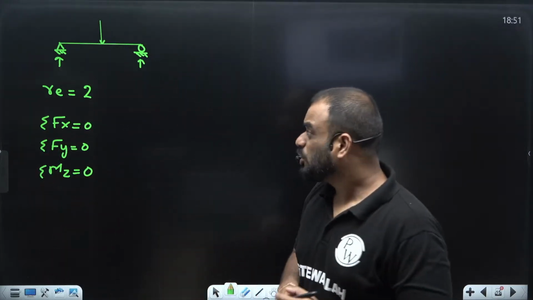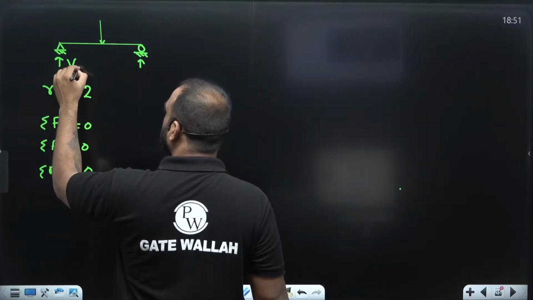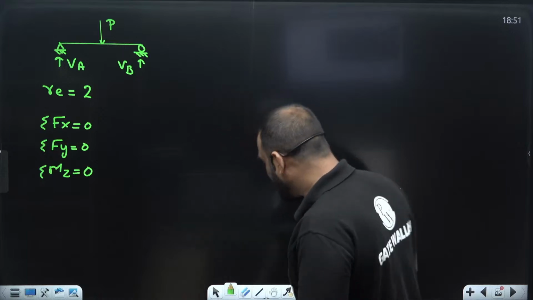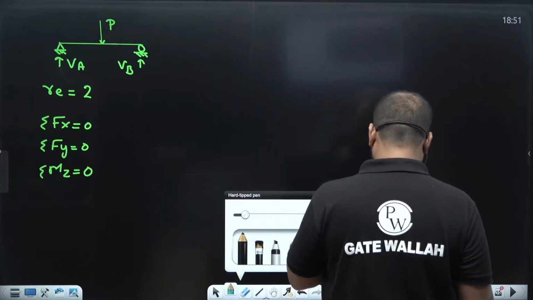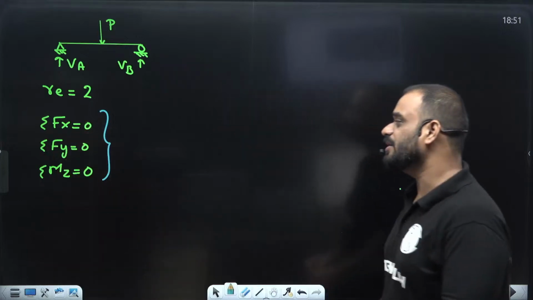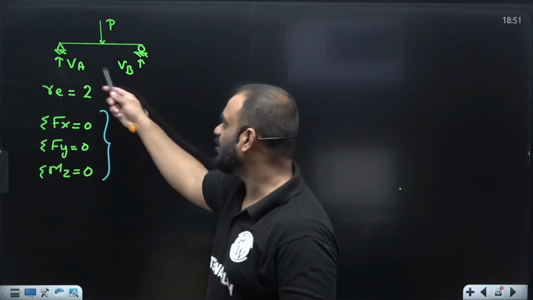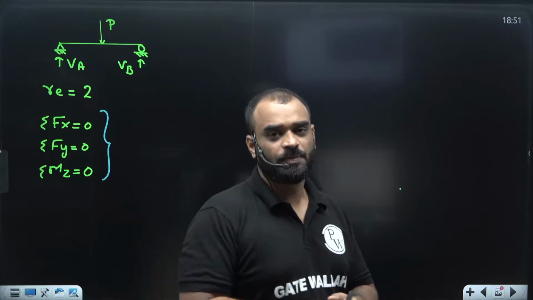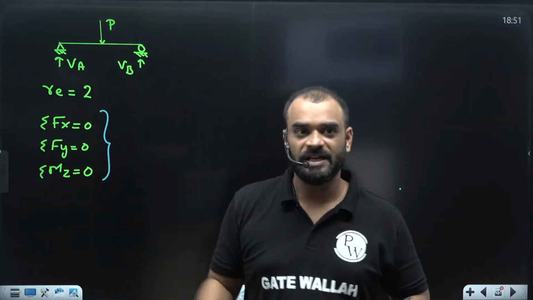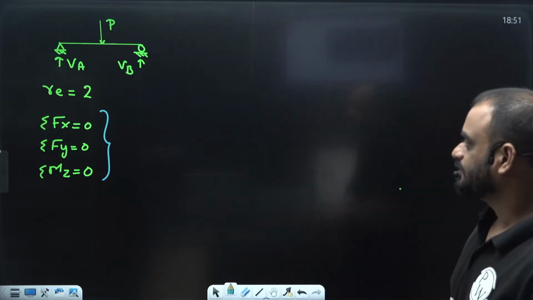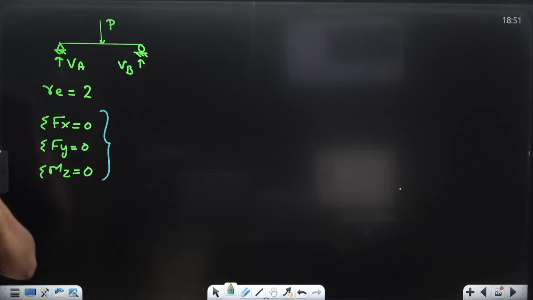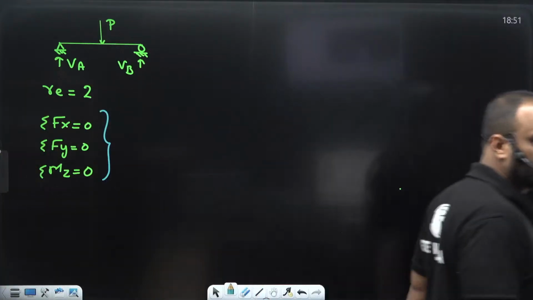Now tell me, to find out these reactions, which are VA and VB, and let us consider this load is P, which static equilibrium equations will you use over here to find the value of VA and VB? Please write down, guys.